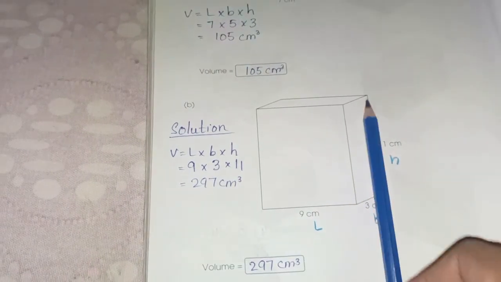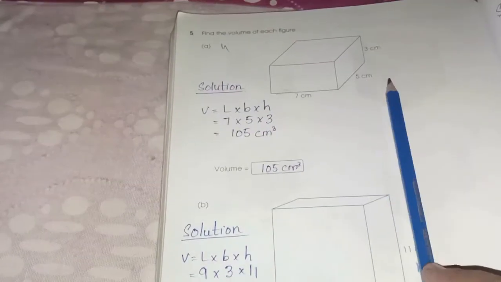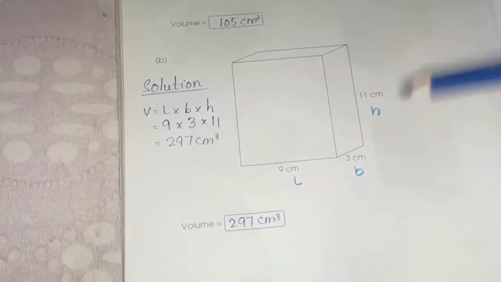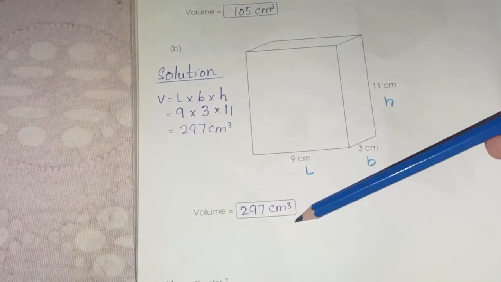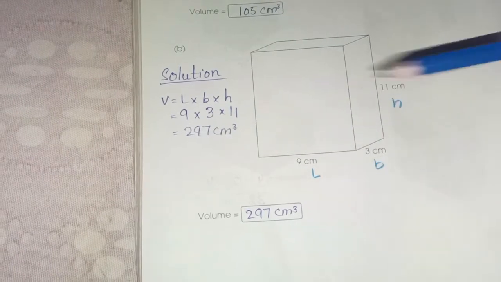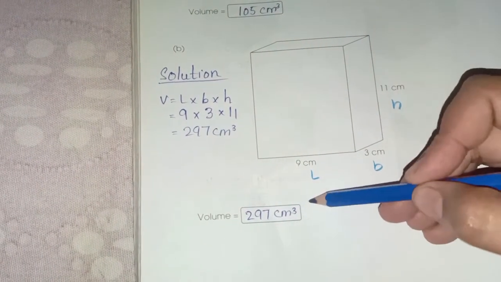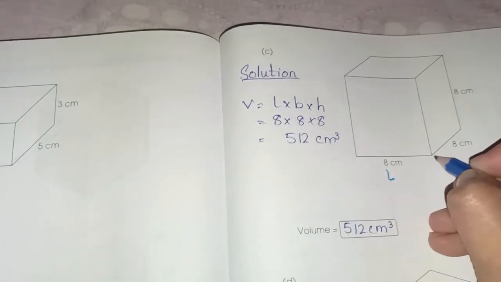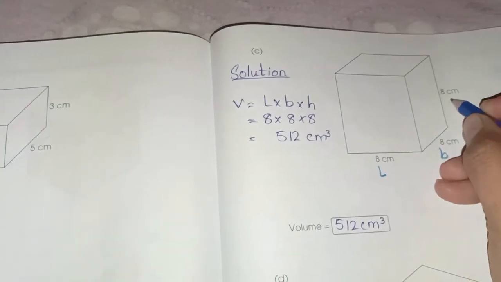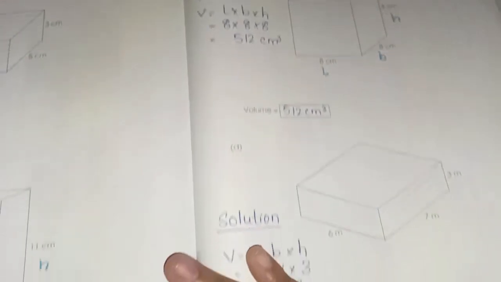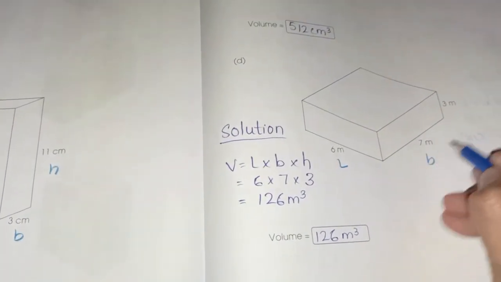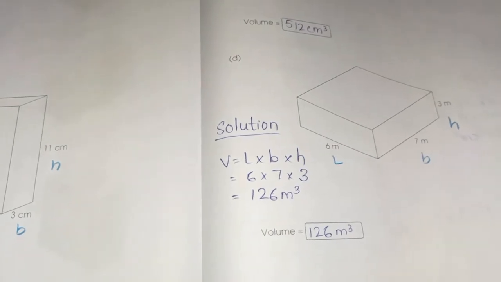Height is in the upward position, like here you can see the height is straight. So we have height, length and breadth. Then we multiply the numbers and we get the answer in centimeter cubes. Again we have length, breadth and height.